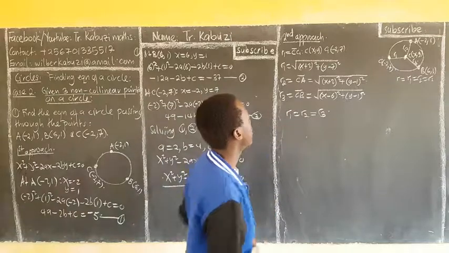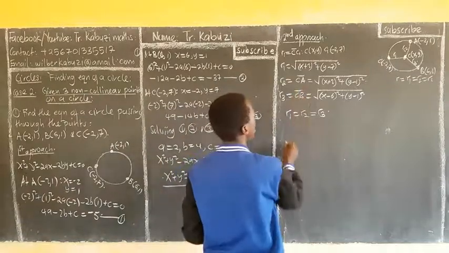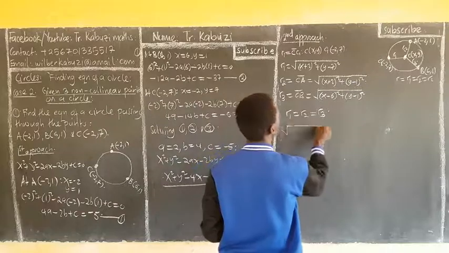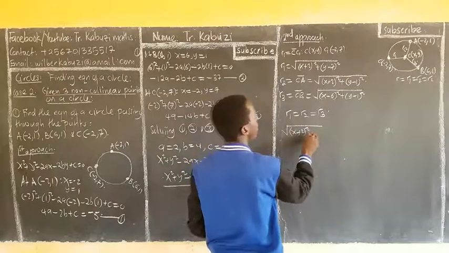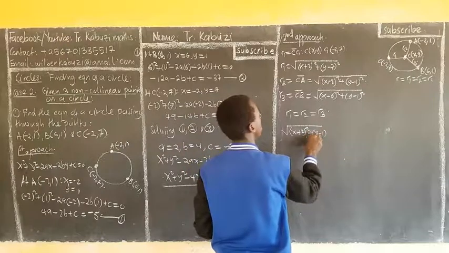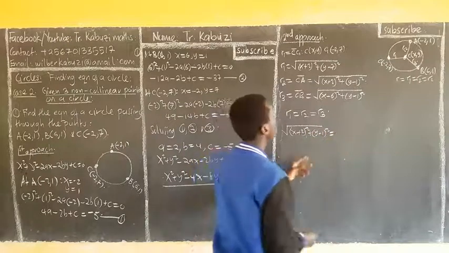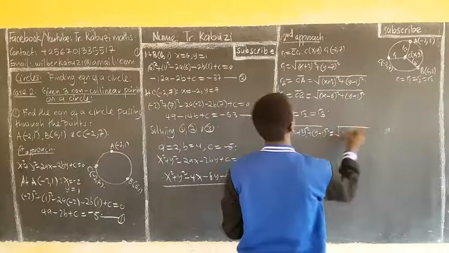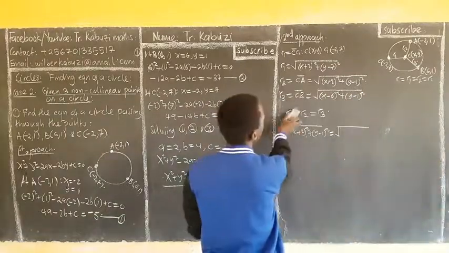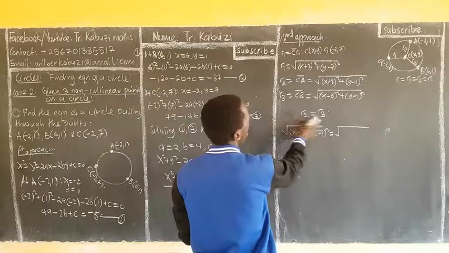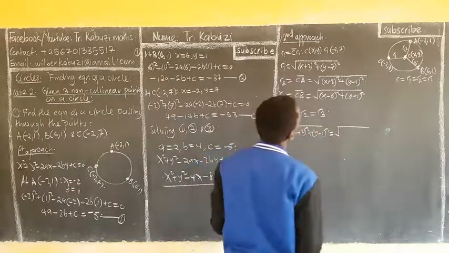So when we take R2 equal to R3, I'll be having the square root of (x plus 2) squared equal to the square root of... here I'm taking this last condition. Now my R1 is equal to R2, and R2 is equal to R3.